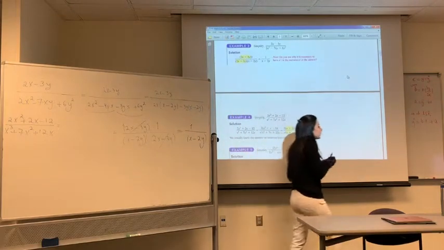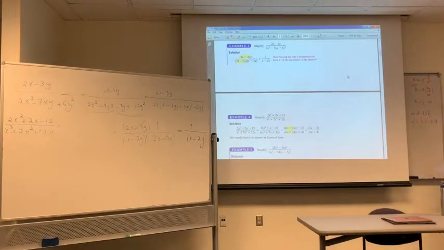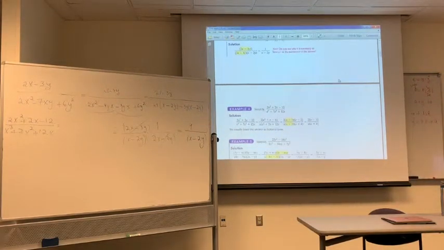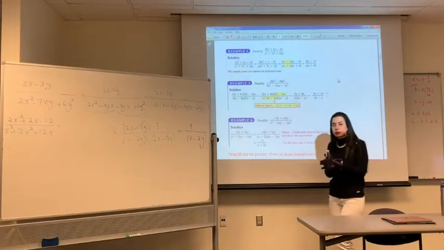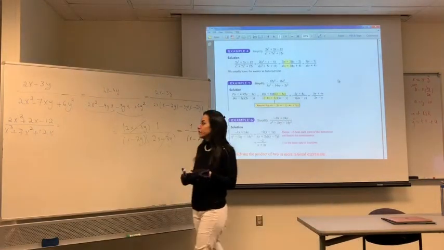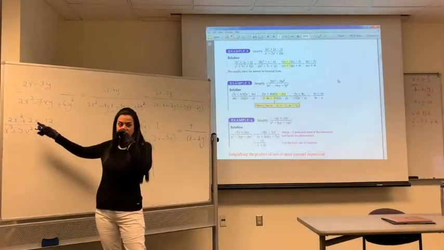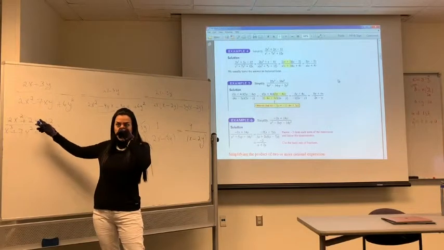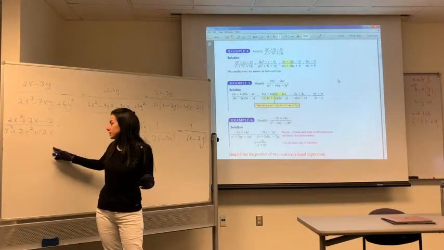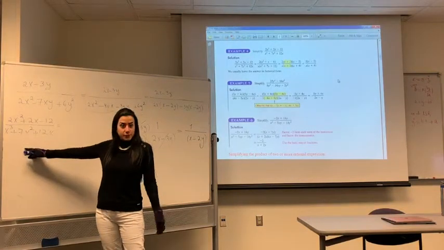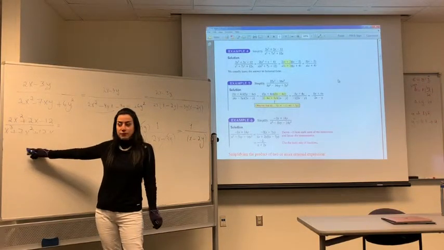In factoring out polynomials, the first thing we should find is the common factor between all the terms, right? So as soon as you see 2 in common between all of them, you should factor out that 2, right? As soon as you see x is common between all of these, is that? Yes. You should bring out x. Correct?